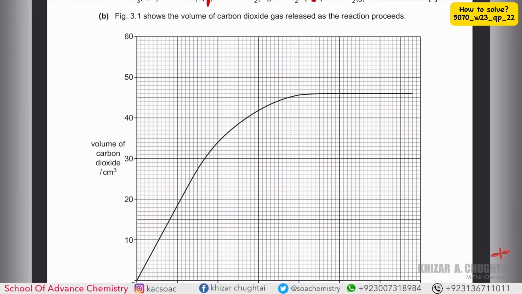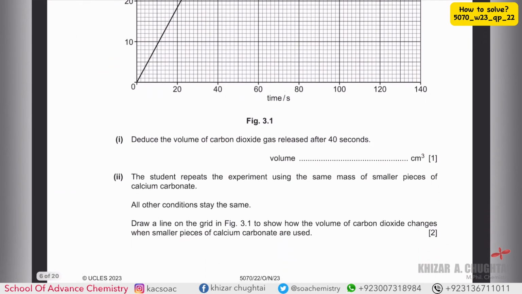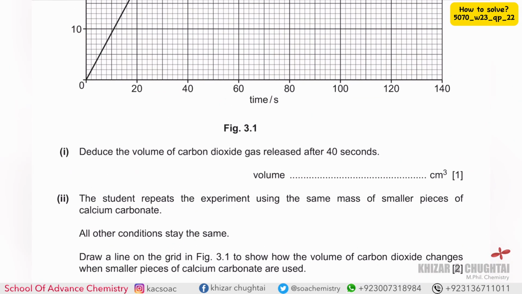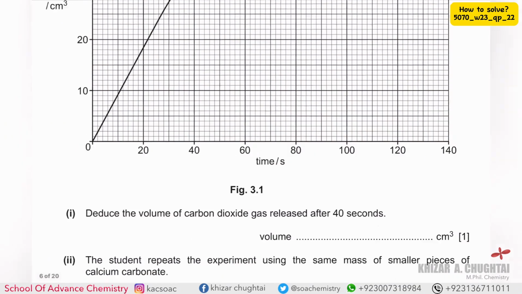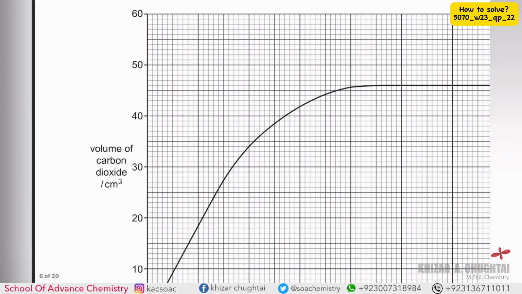B part. This figure 3.1 shows the volume of CO2, carbon dioxide gas, released as the reaction proceeds. The next part is to deduce the volume of CO2 gas released after 40 seconds. Here is the time, and on the vertical y-axis, the volume.